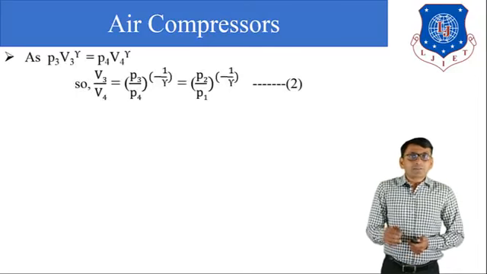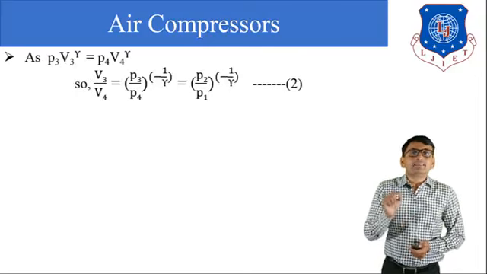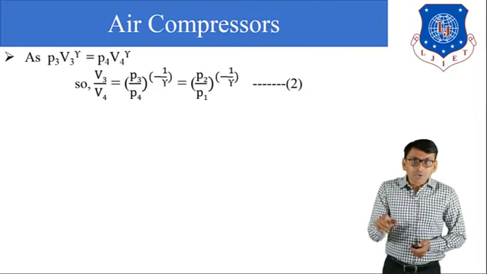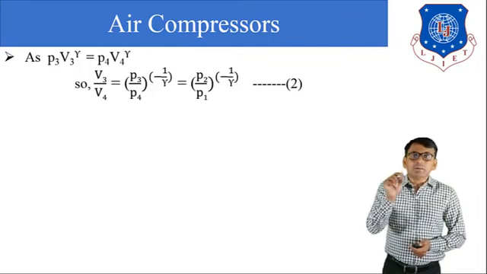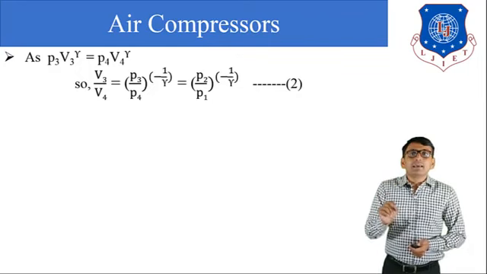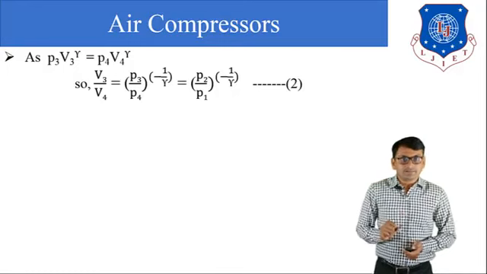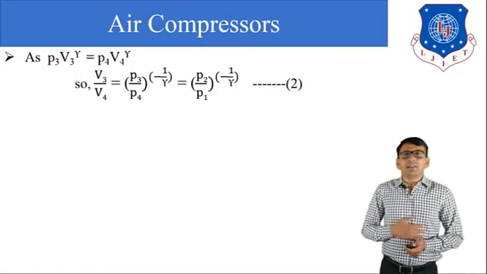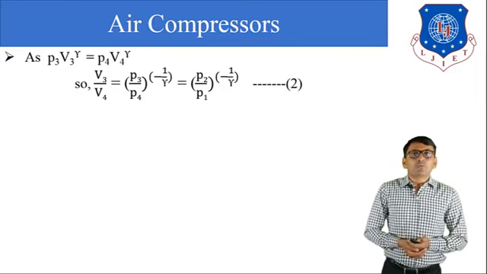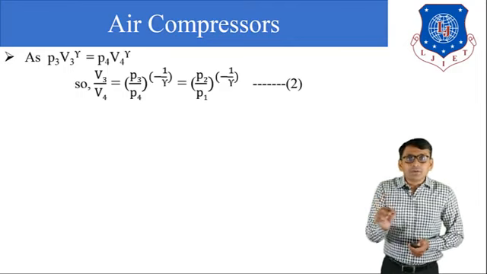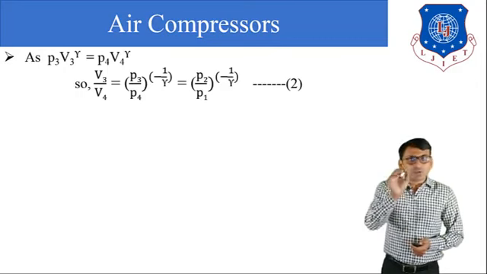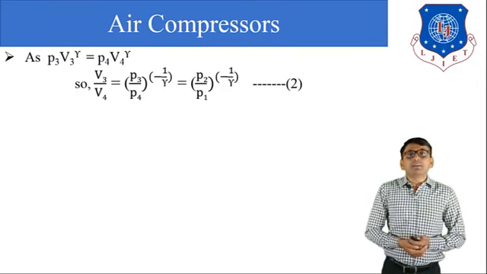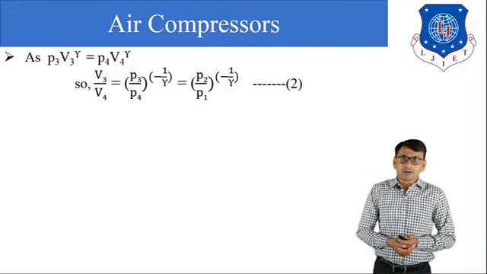Now processes 1-2 and 3-4 are adiabatic processes: 1-2 adiabatic compression and 3-4 adiabatic expansion. For both processes we apply the adiabatic formula. So for process 1-2, P1 V1 raised to gamma is equal to P2 V2 raised to gamma, and for 3-4, P3 V3 raised to gamma is equal to P4 V4 raised to gamma.